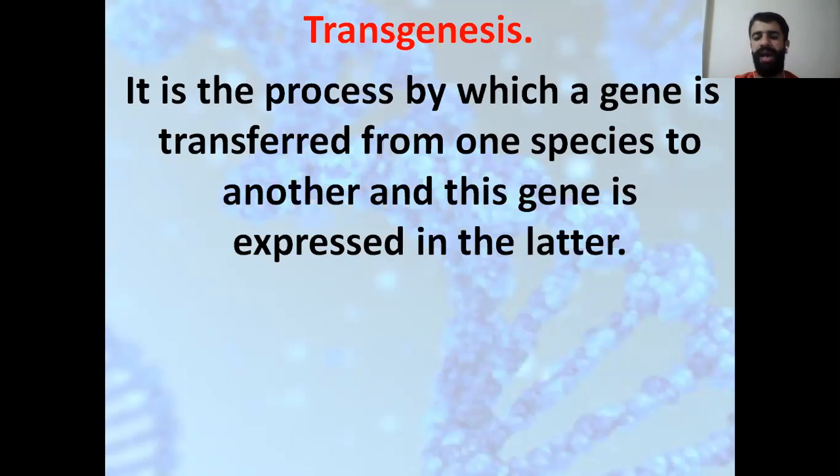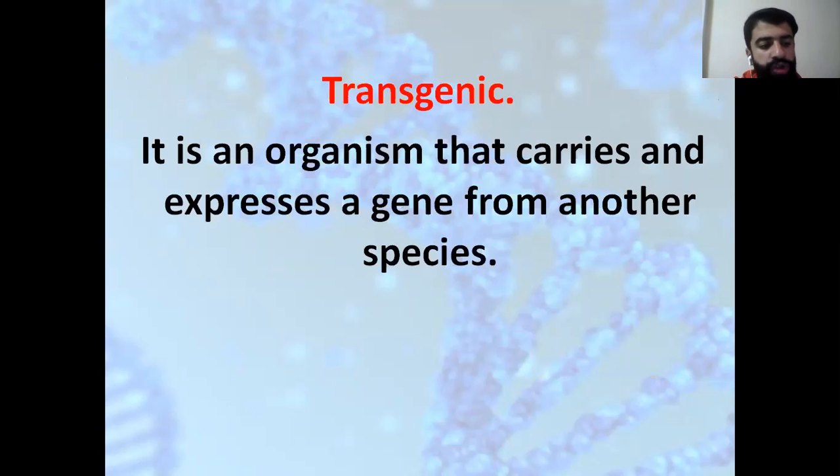For example, an insulin gene is transferred from my body to the mouse body. This gene is expressed in my body, and I'm going to transfer it to the mouse, so it will be expressed in the mouse. This process is called transgenesis.